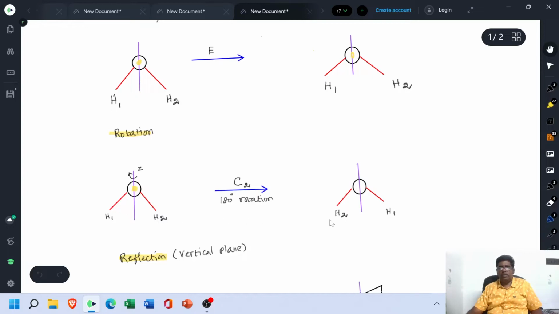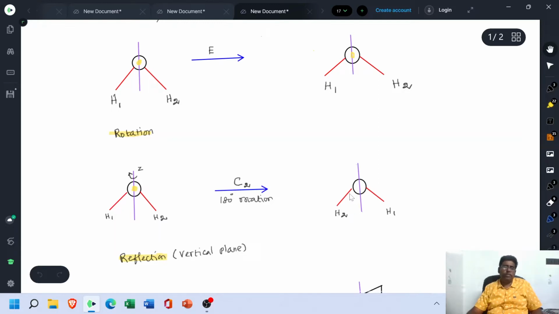H1 and H2 are changed as H2 and H1. Furthermore, the face of the oxygen is also changed. Here the front face is present, but after completion of the rotation, we are seeing the back face. This is the C2 operation. Anyway, after completion of the C2 operation, we have the original structure of the water molecule.